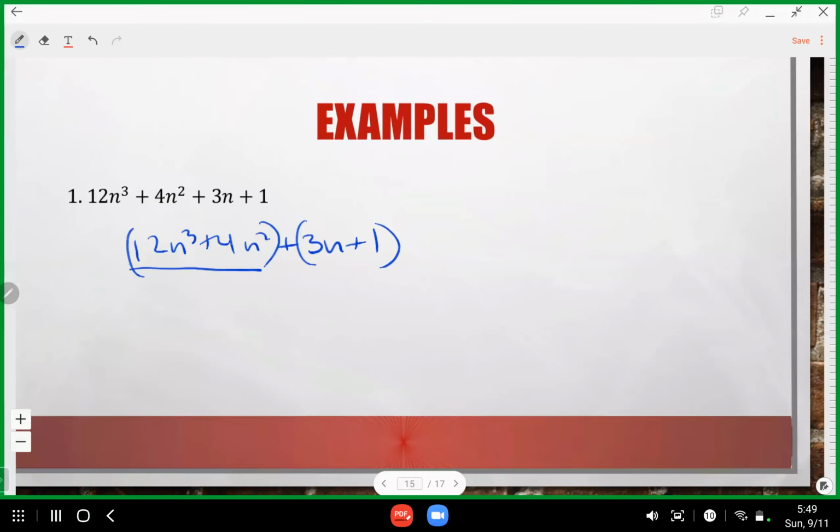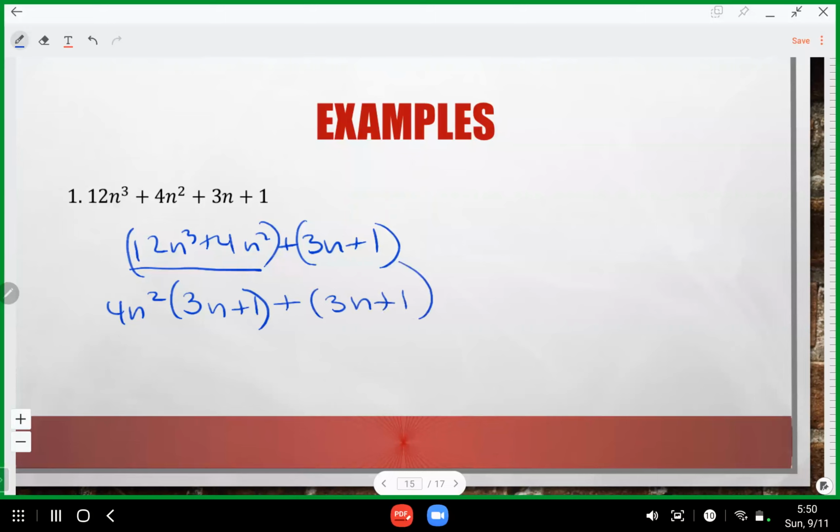We can factor out 4n to the power of 2. Very good. And what's left? 3n plus 1. Very good. So we're left with 2 3n plus 1s.